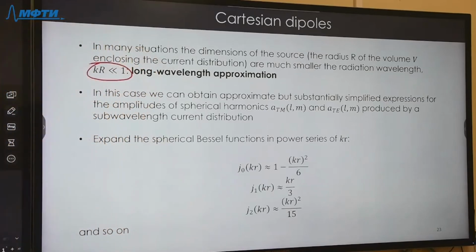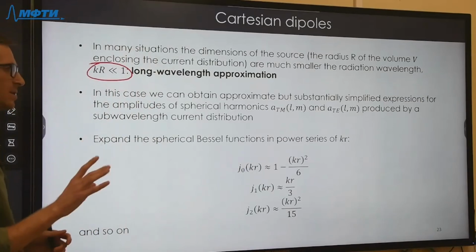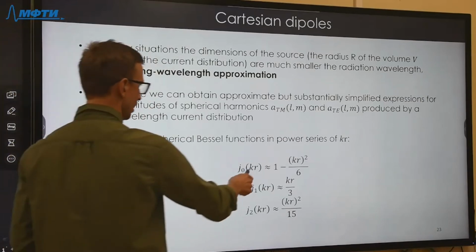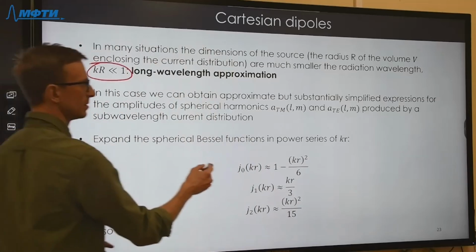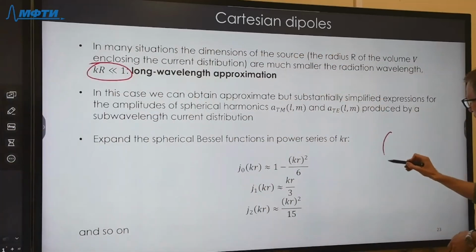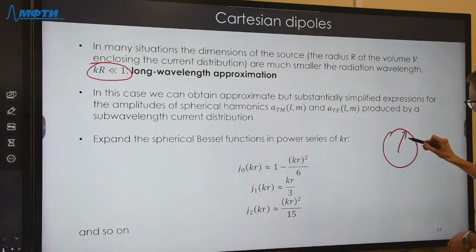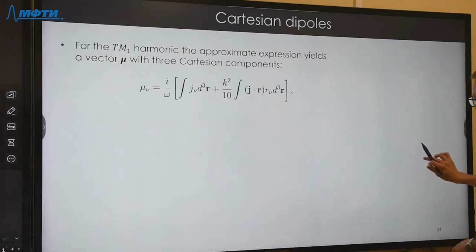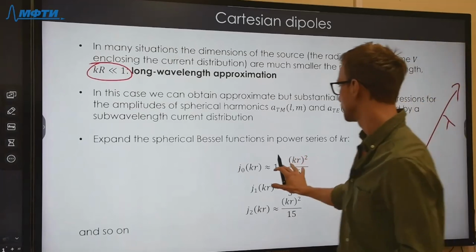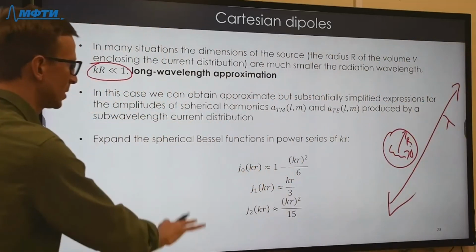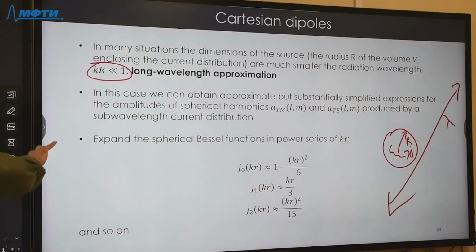We can expand them all, and because this is the sub-wavelength, long wavelength approximation, they will give a satisfactory result inside our sphere of radius r. So we have certain currents, and if the wavelength is huge, then these approximations will work just fine, and we can apply them to calculate our integrals.